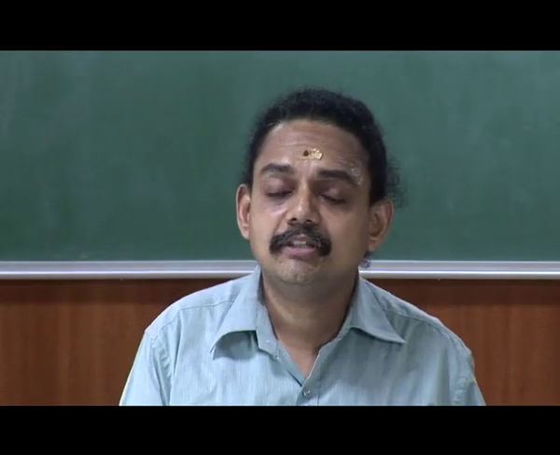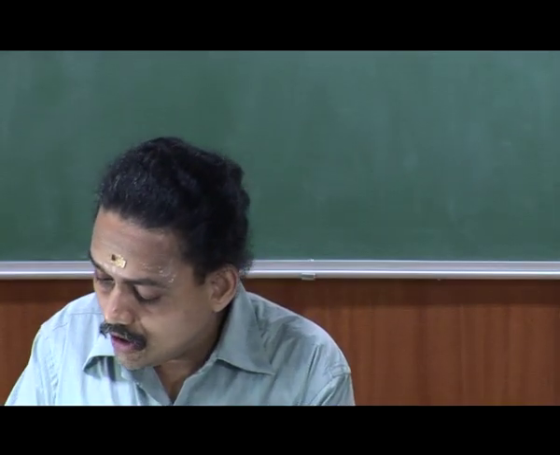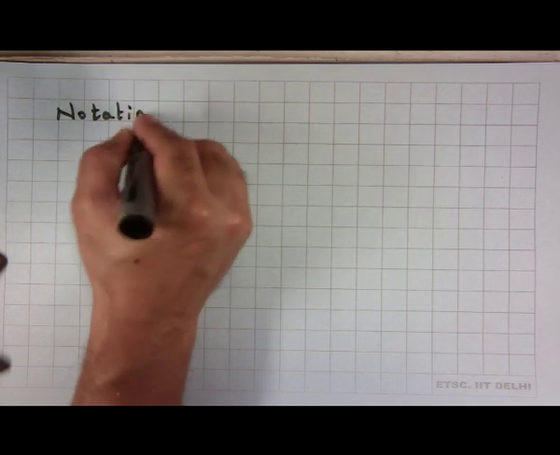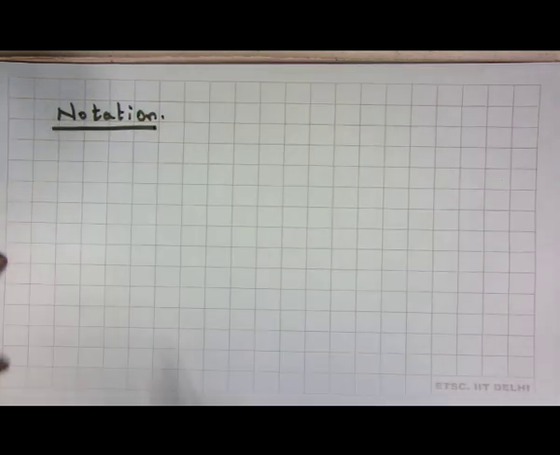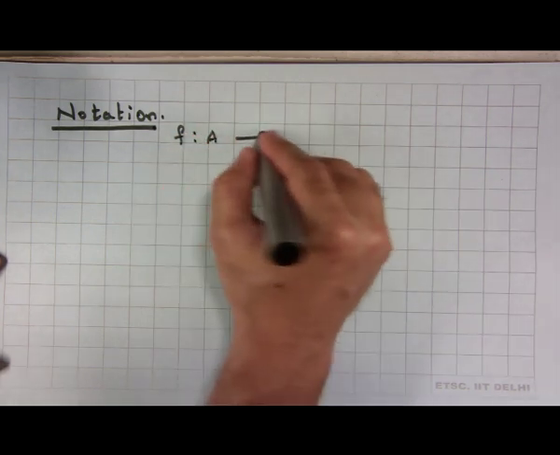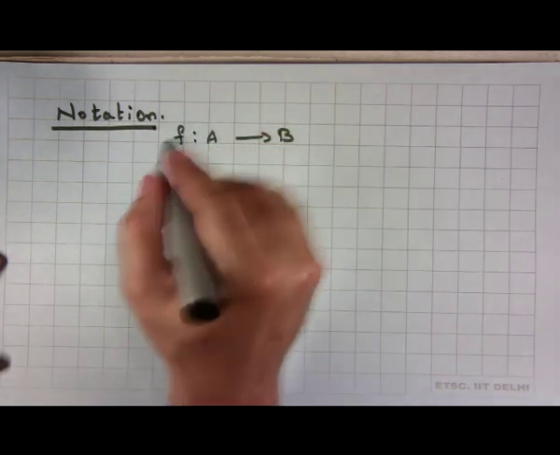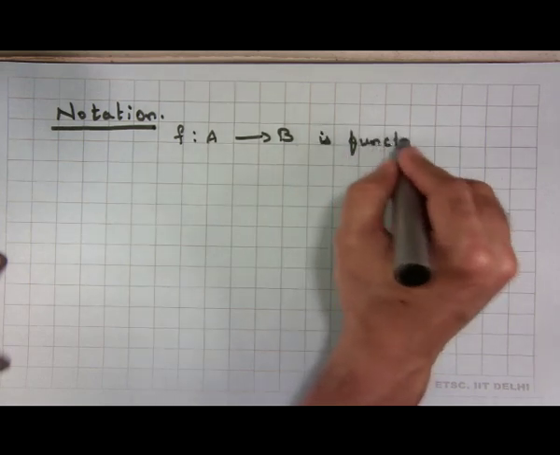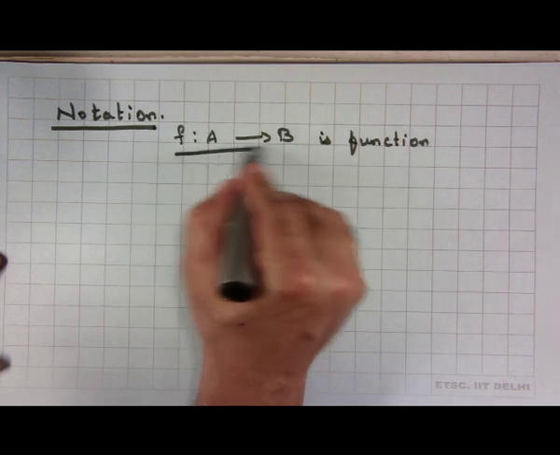Having said all these things, let us try to use some of the standard notation. Suppose that I have f from A to B, this is a function. In fact, this is the standard way of writing it.